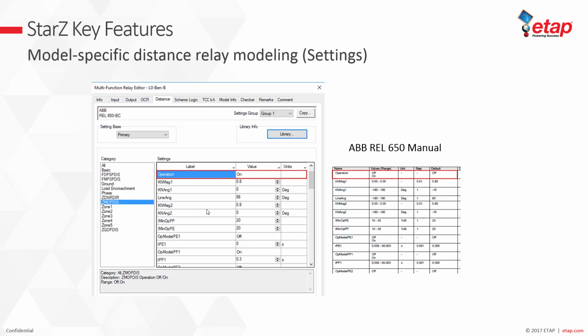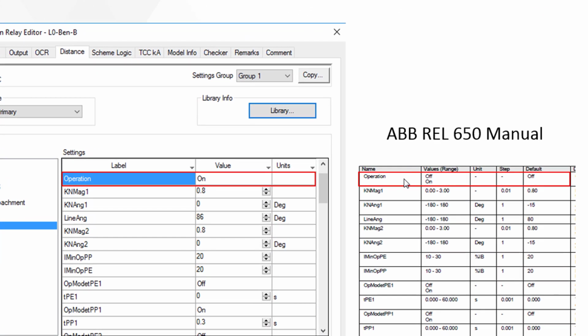Let's look at another example. This is the ABB REL650 distance relay. As you can see, we are looking at a ZMHPDIS distance relay, and we are comparing to the relay settings in the manual. So you see that you have operation on and off, and the default could be off. We set it to on for testing purposes.